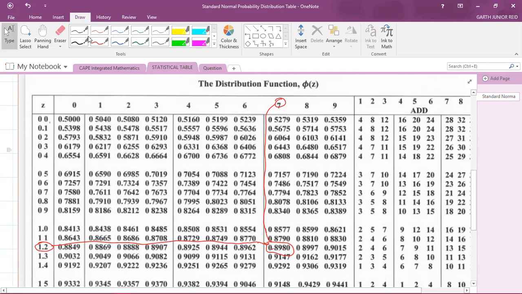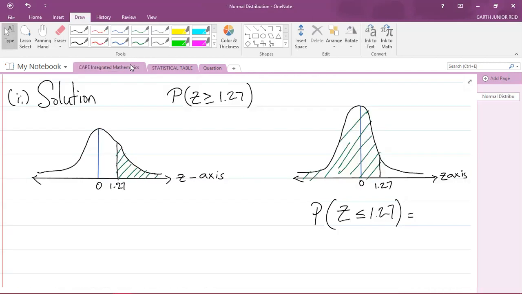Okay? So let us write that down here in our working. So the probability to the left of 1.27 is going to be 0.8980. Great. But how does this help us in finding the area to the right of 1.27?